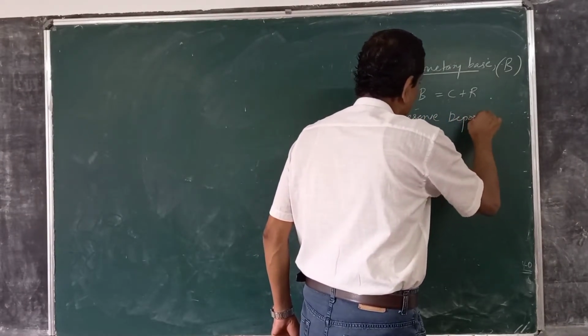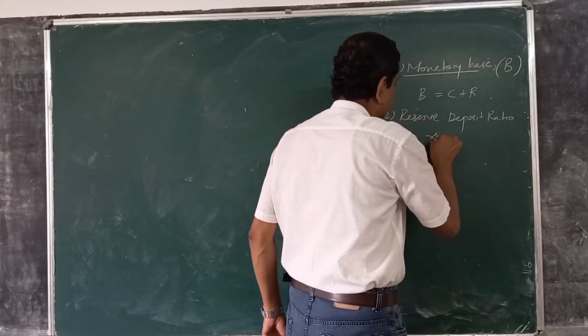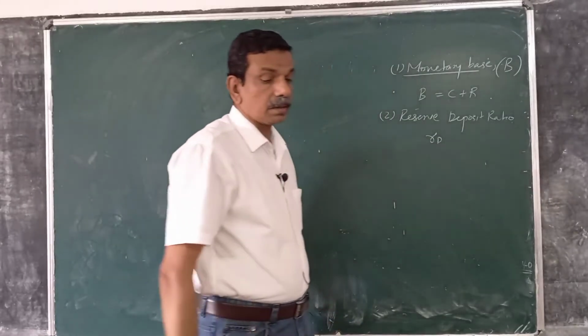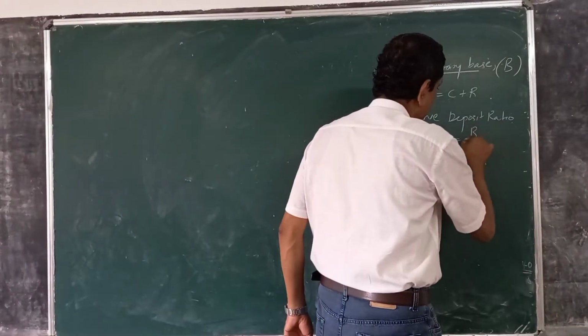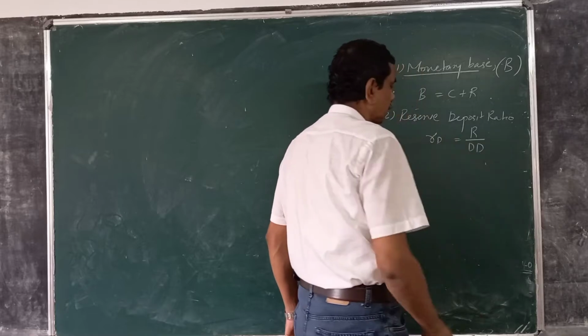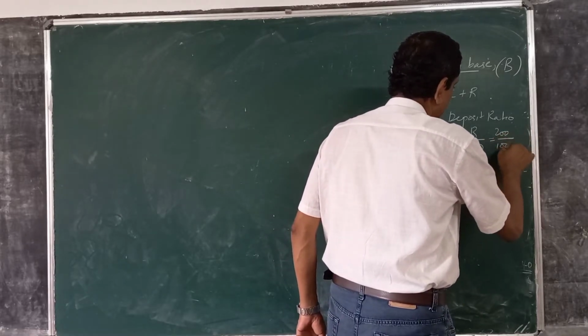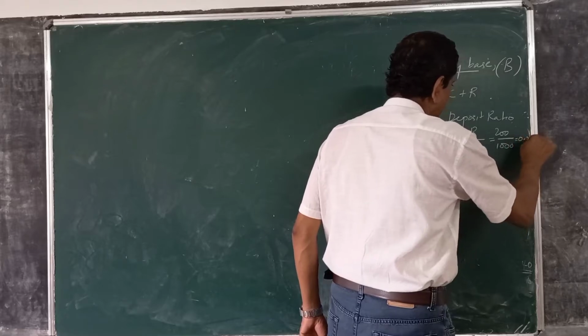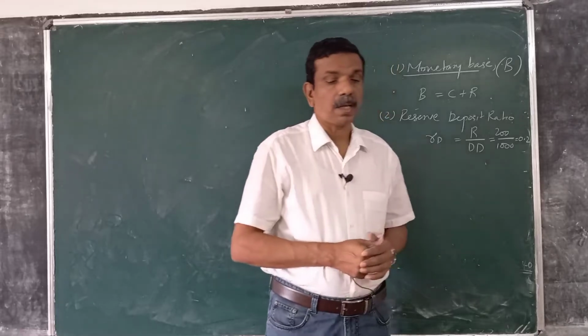Reserve deposit ratio, we denote it as RD. Reserve deposit ratio is equal to R by DD. As in our previous example, it is say 200 by 1000, which is equal to 0.2. That is the reserve deposit ratio, R by DD.